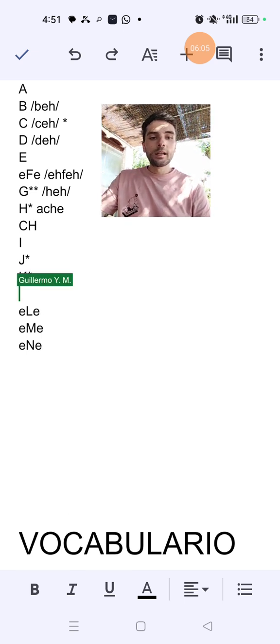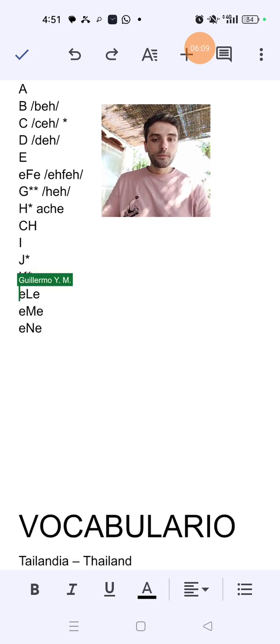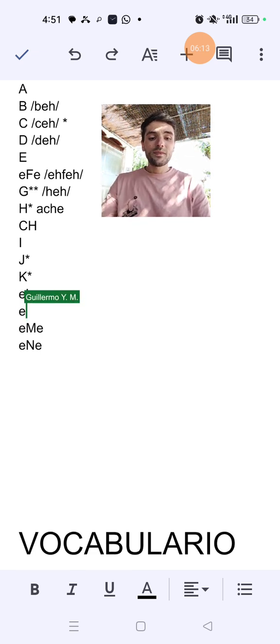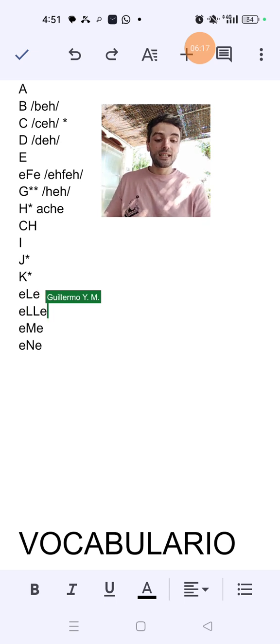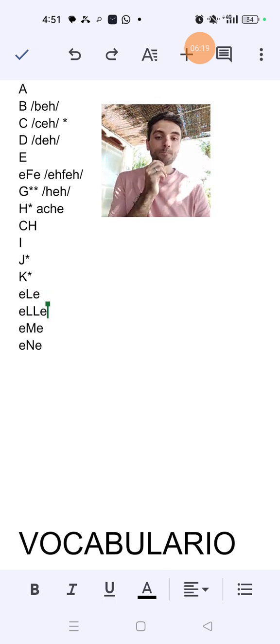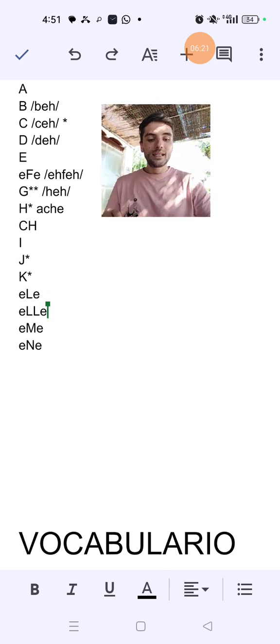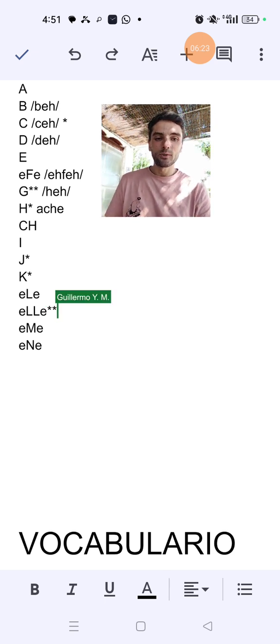Okay. We have the L. That's a normal one. Now we have the double L also, like the double L. This is kind of like a double star because you don't know about this one.